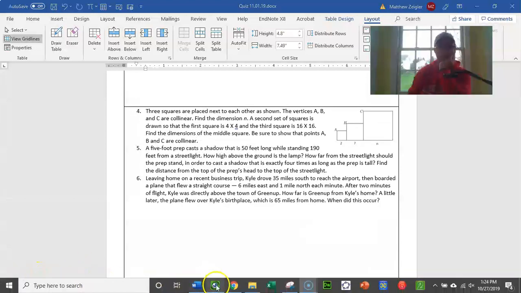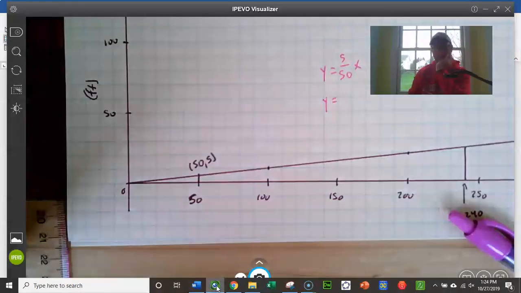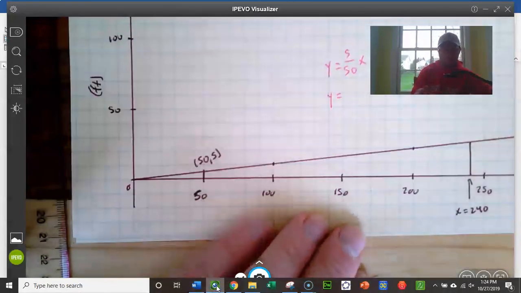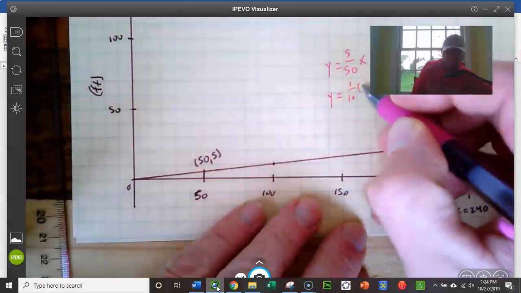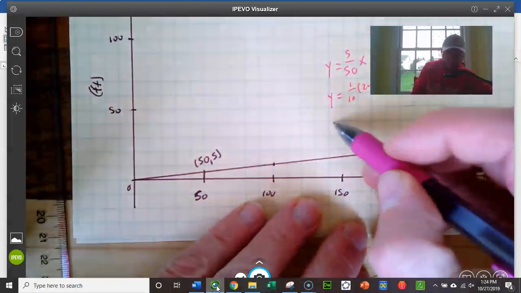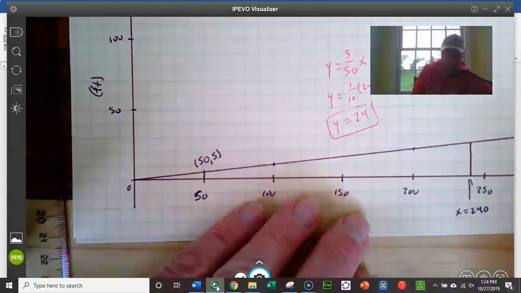Okay. So we're going to plug in 240, and that is 1/10 of 240. Y equals 24.